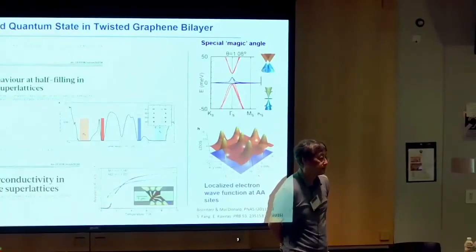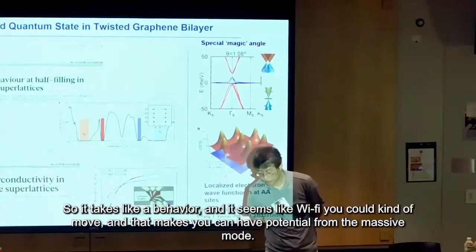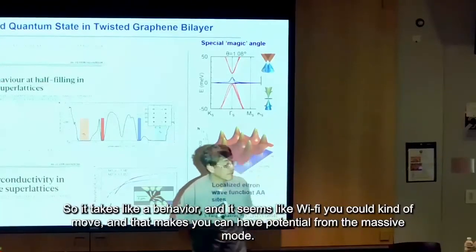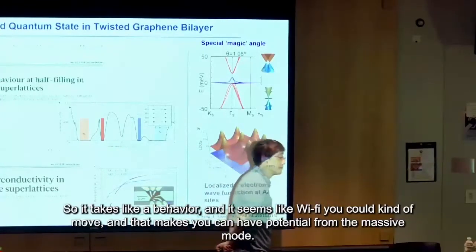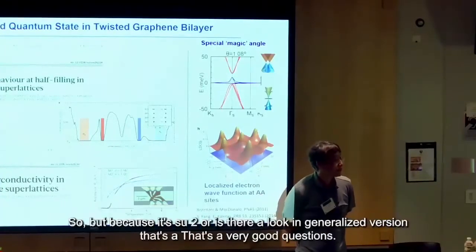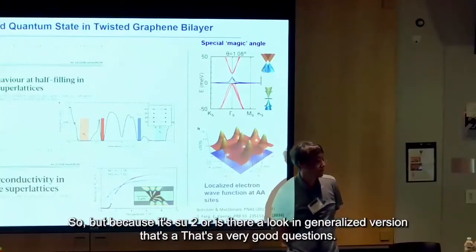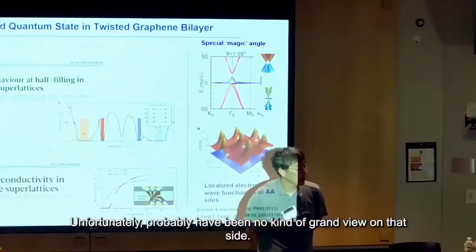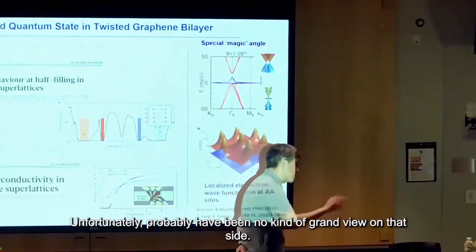So it's like vortex-like behavior. And it seems like by applying a magnetic field, you can move from the massless mode to the massive mode. But because it's SU(2) or SU(4), is there a generalized version in complex space of the phi to the fourth potential? That's a very good question.